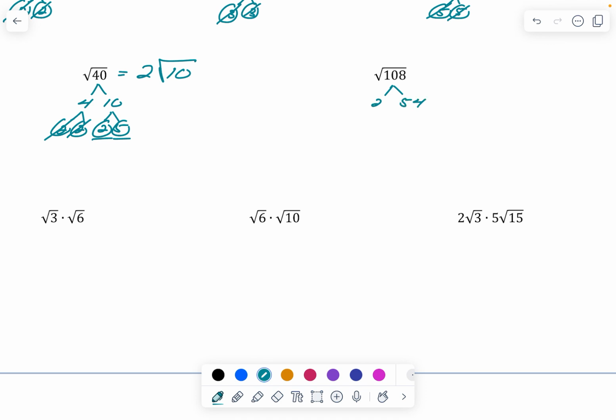So 2 times 54, and 54 is 6 times 9, 3 times 3, 2 times 3. So looks like a pair of 2's comes out, so 2 comes out, a pair of 3's comes out, and this 3 is left inside. So that's going to be 2 times 3, or 6, square root of 3.